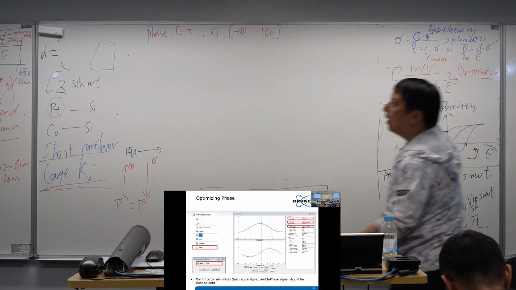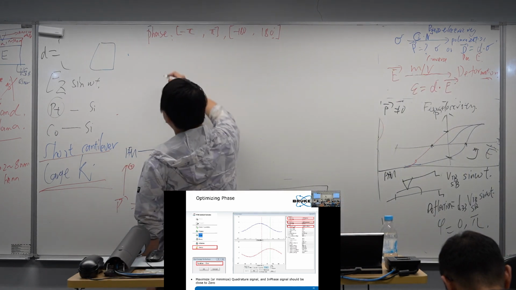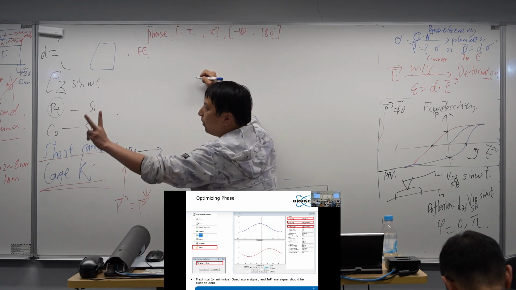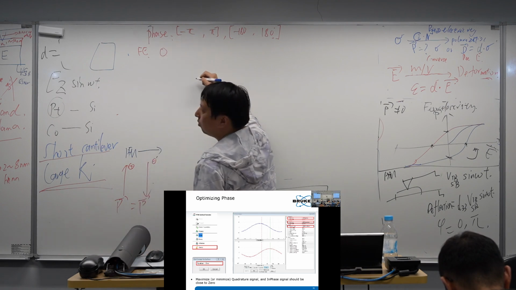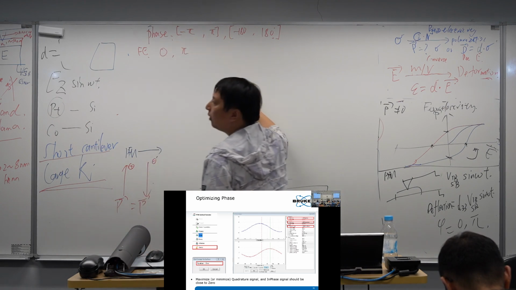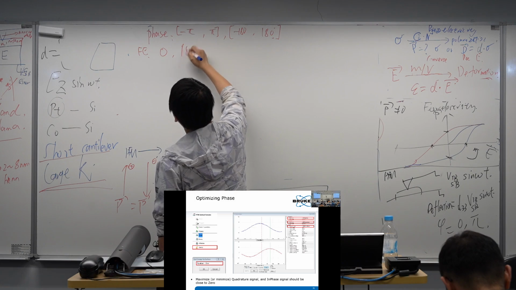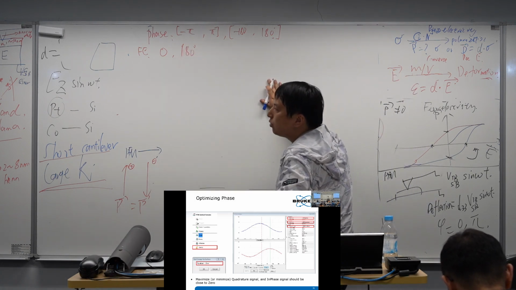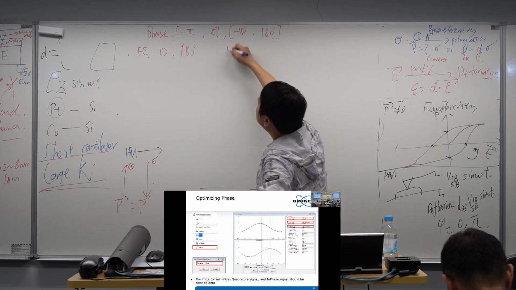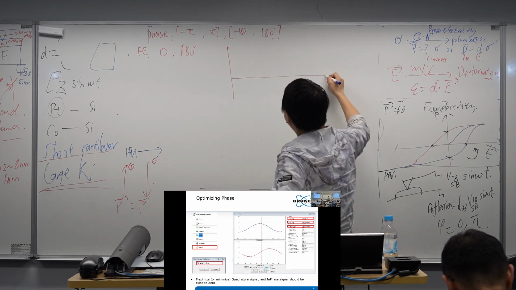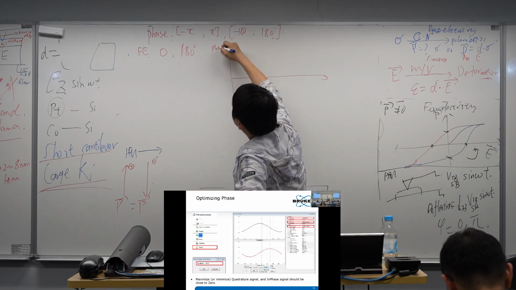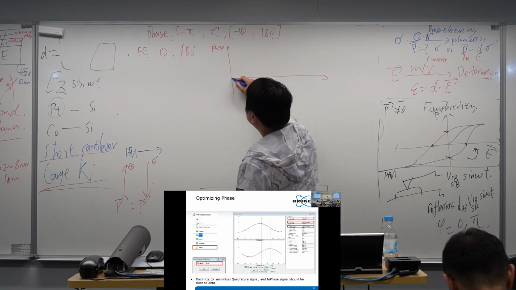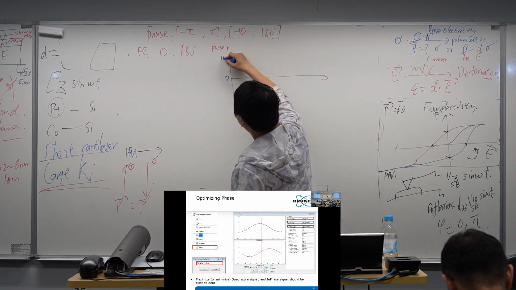As we said, in PFM, in ferroelectric materials, we only have two phases. One is 0, another one is pi, or 180. So if we measure the phase of these materials, we will get phase signals something like this. We will get 0 and 180.